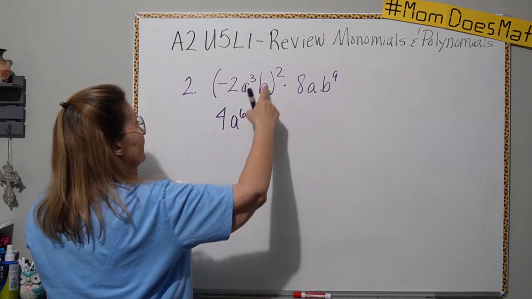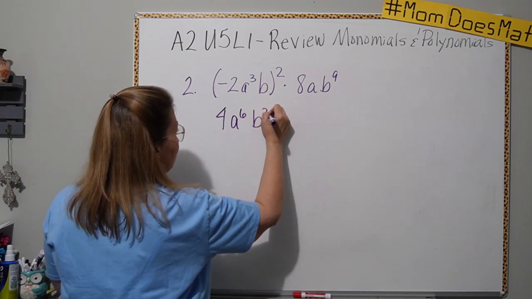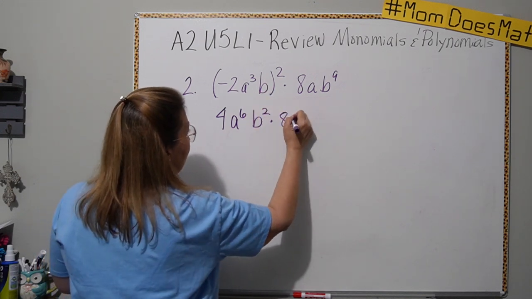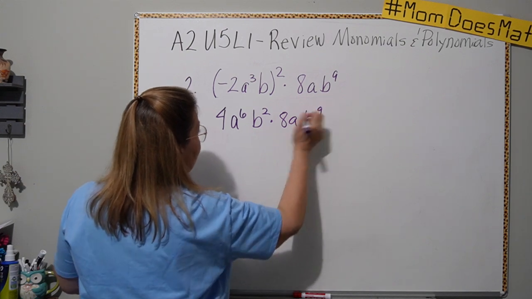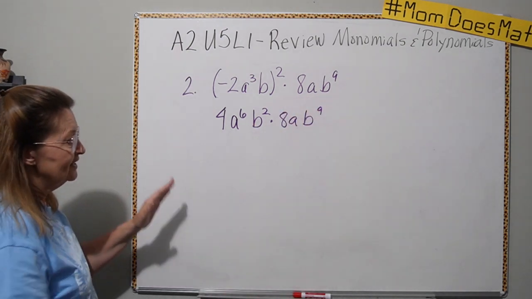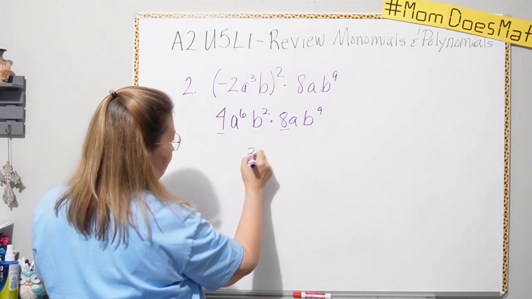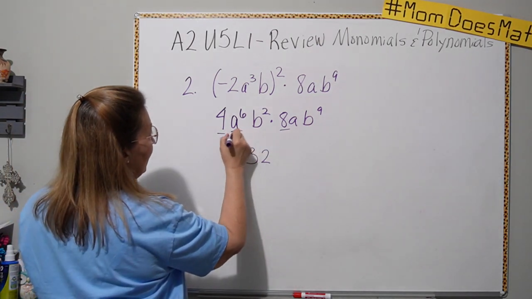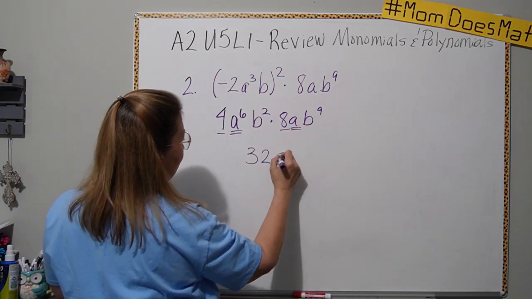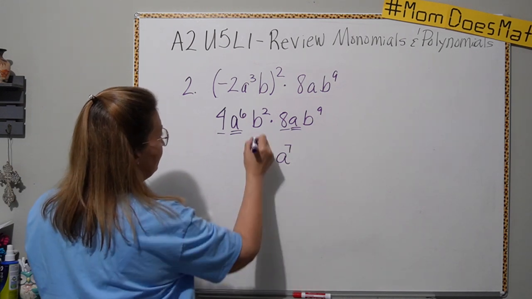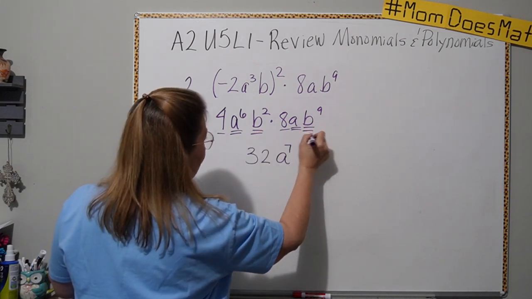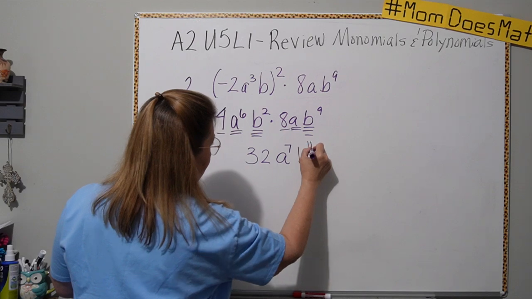When you take b and you square it, you get b squared. And nothing is going to change here. But now that everything's out of the parentheses, I can combine these two terms. So 4 times 8 is 32. A to the 6th times a is a to the 7th. And b to the 2nd times b to the 9th is b to the 11th.